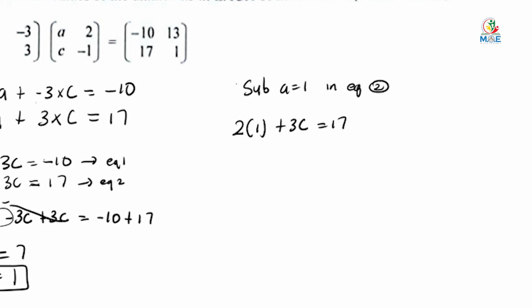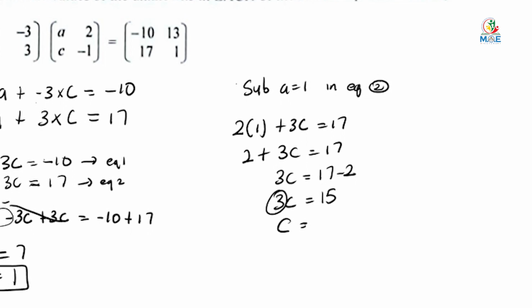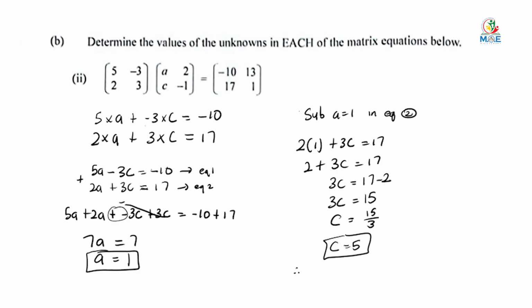So 2 times 1 is 2, plus 3c would be equal to 17. So 3c would be equal to, this 2 is adding, take it over, subtract, 17 subtract 2, which is 15. c would be equal to, 3 is multiplying, take it over, divide, 15 divided by 3. Hence c is equal to 5. So therefore a is equal to 1 and c is equal to 5.